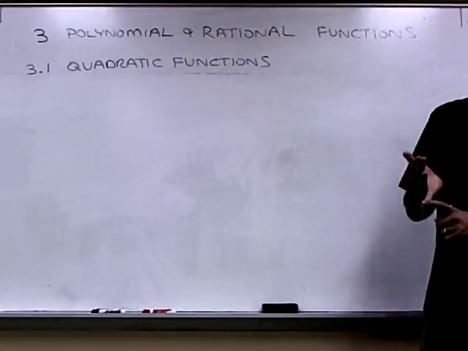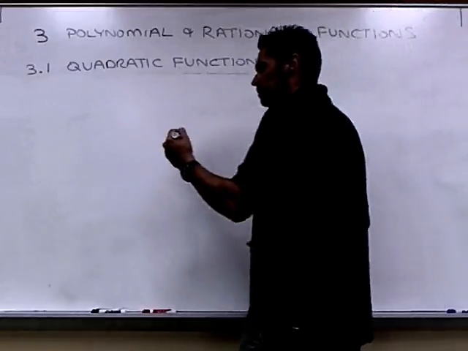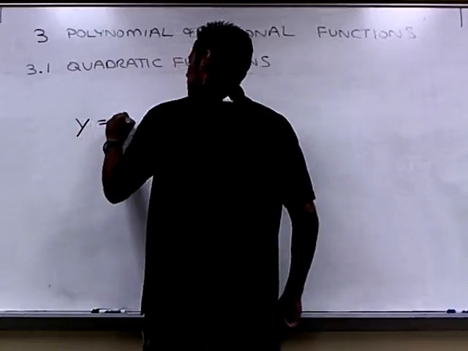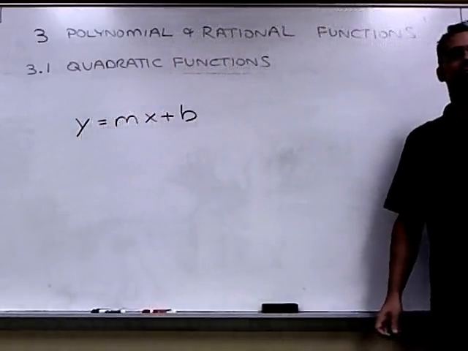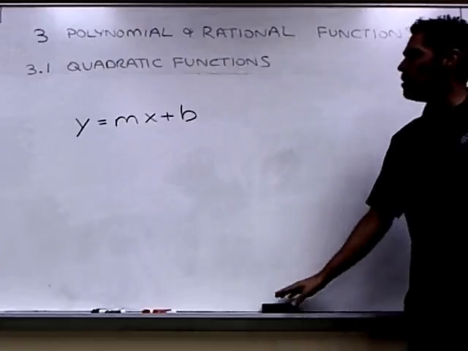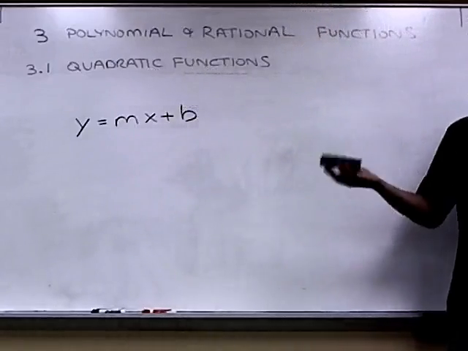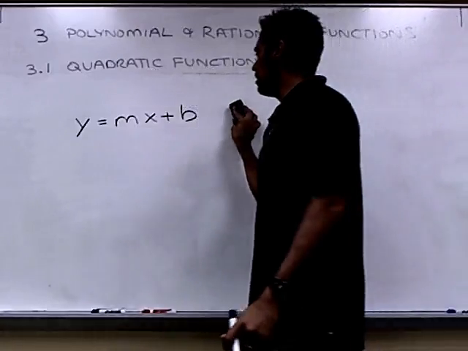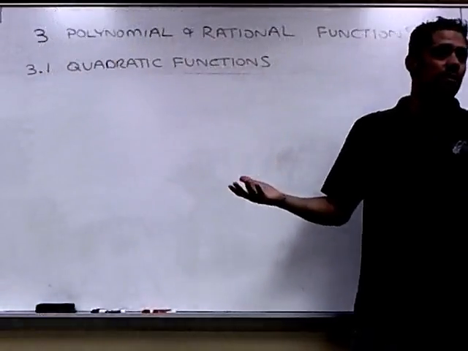So we should all know how to graph a line by now, right? If I give you something like y equals mx plus b, right? Everyone should be able to graph that. Find the y-intercept, use your slope, you're in business, right? So now we study in depth this other type of function called a quadratic function. So let's first look at what a quadratic function looks like when you write it down algebraically.